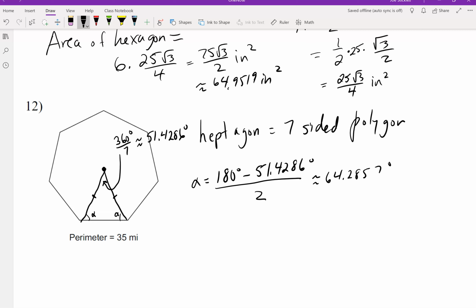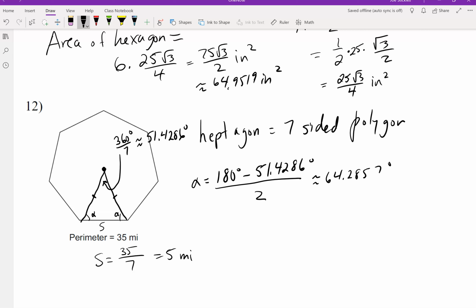Whatever's left over out of the 180, you're going to divide it in half to get each of those particular angles. All right. We also have information about at least one of the sides here. The perimeter is 35. So if I call this S, remember there's 7 sides here, so S will be that 35 over 7, or 5 miles in this case. It's one very, very large heptagon.